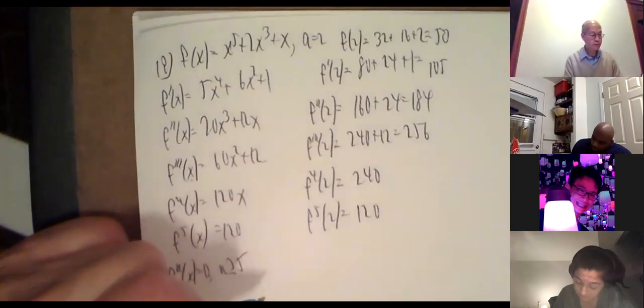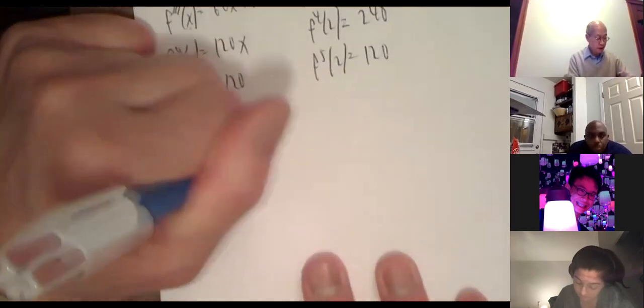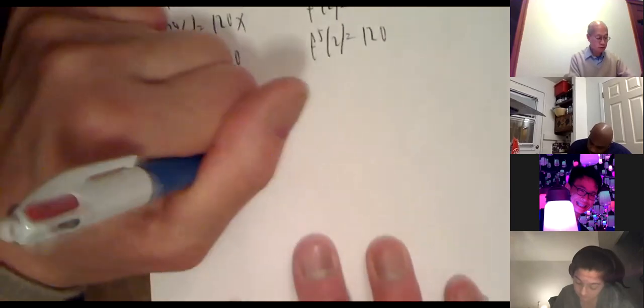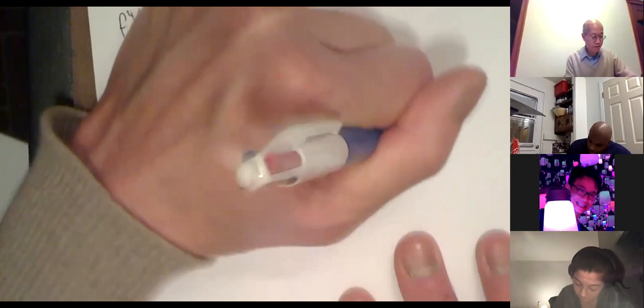Okay. So here we go. Centered at 2. x minus 2 to the 0 over 0 factorial. x minus 2 to the 1 over 1 factorial. x minus 2 squared over 2 factorial. x minus 2 cubed over 3 factorial. x minus 2 to the 4th over 4 factorial. x minus 2 to the 5th over 5 factorial.